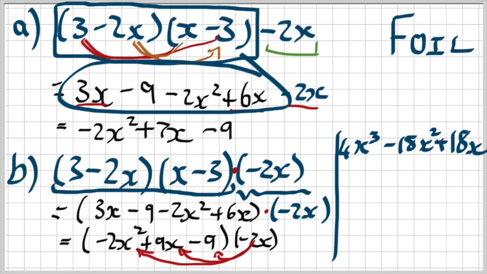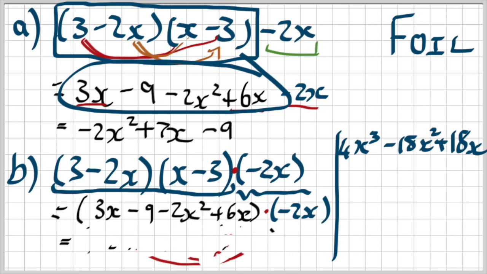For some of you, having that negative 2 at the back there is a little bit confusing. So what you can do, because there is a multiply in between those brackets, remember, ladies and gents, you can actually swap these around. Okay, let me show you. Because for some of you, this might be easier.